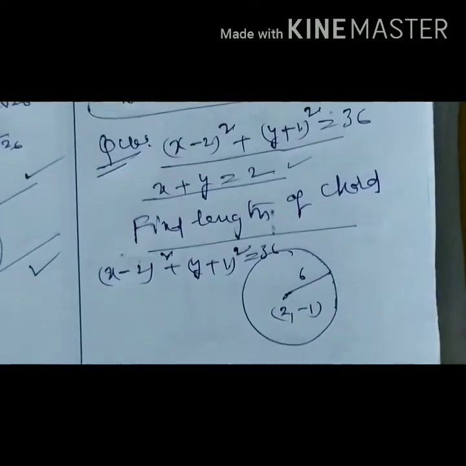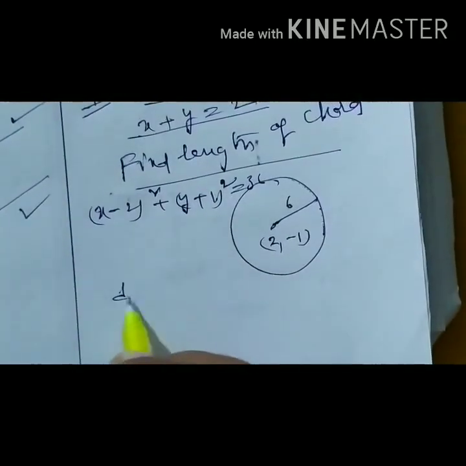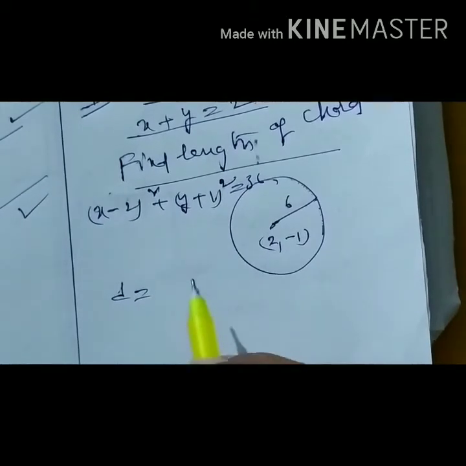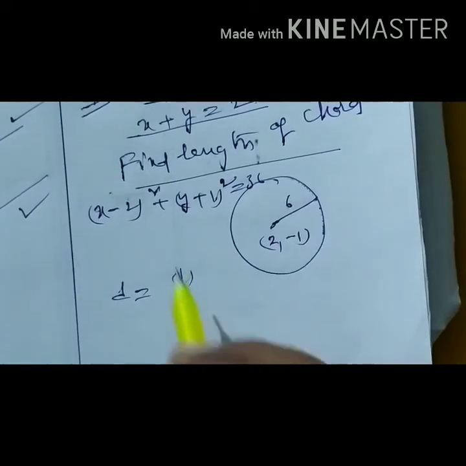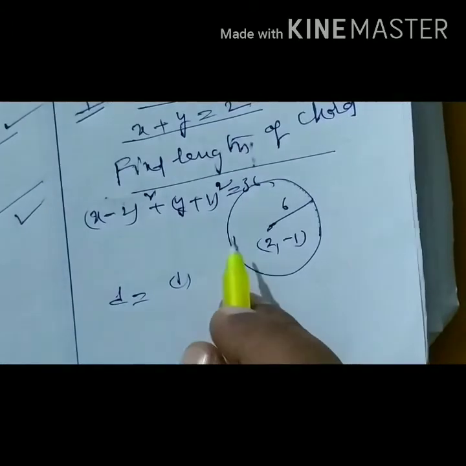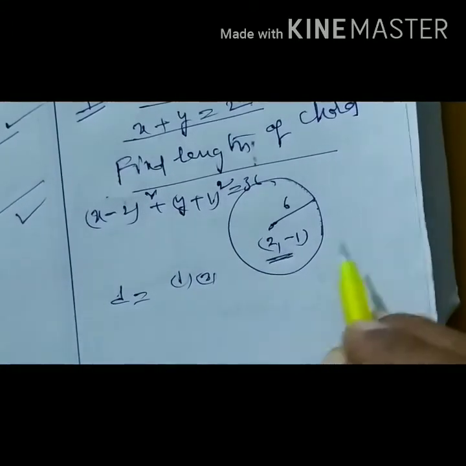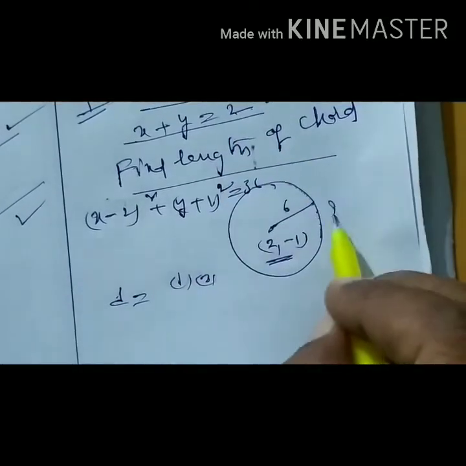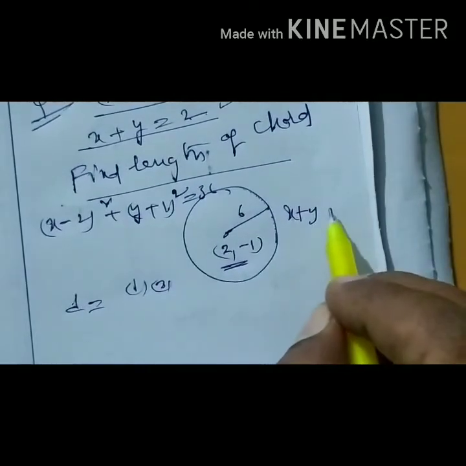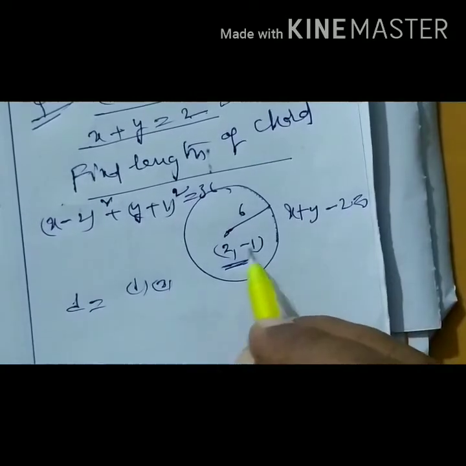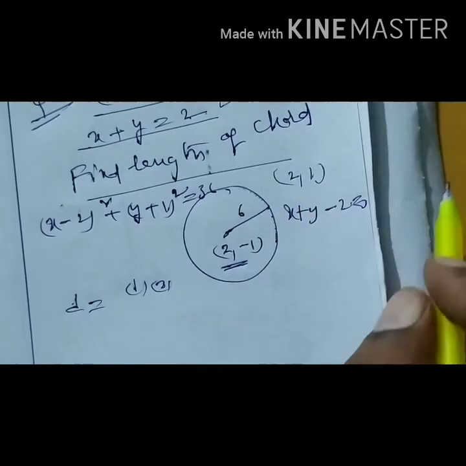Now the perpendicular distance from the center to the line. Here this is the point and that is the line. x + y − 2 = 0 is the line, and (2, −1) is the point.